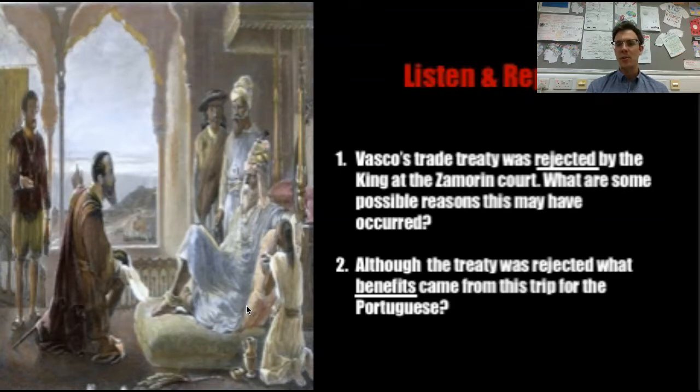Although the treaty was rejected and denied by the Zamorin court, it was still a huge demonstration of the possible wealth that could be achieved through this route with the Indian markets in the future.